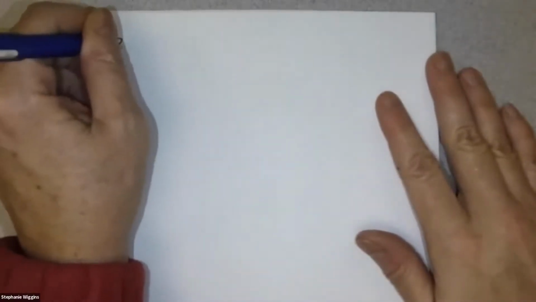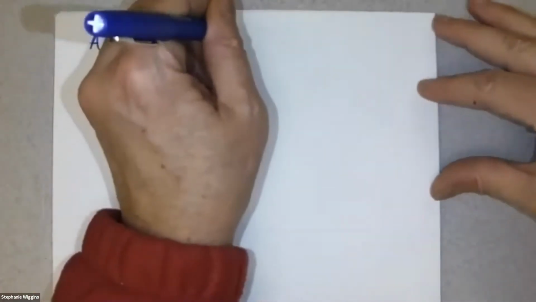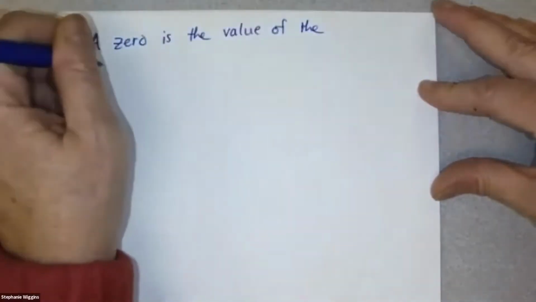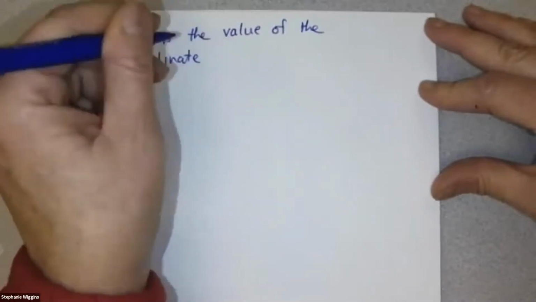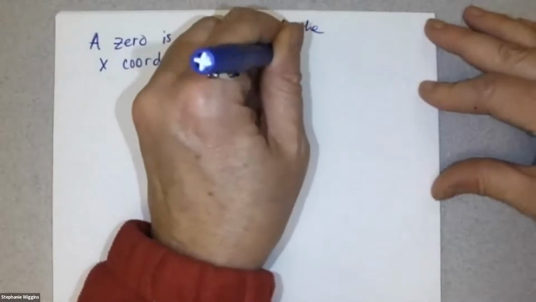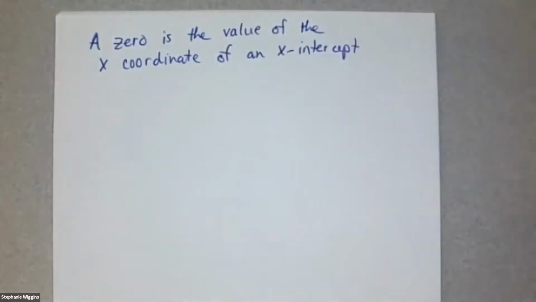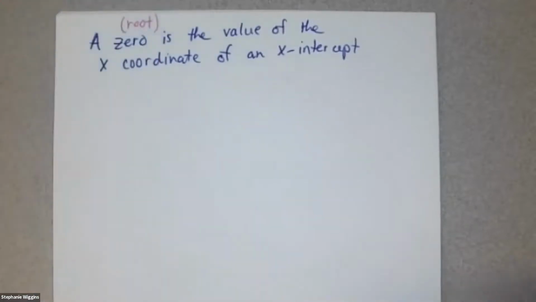Basically, a zero is the x value of an x-intercept. And another word for zero is root. So I'm not talking about the number zero, I'm talking about a root or a zero.